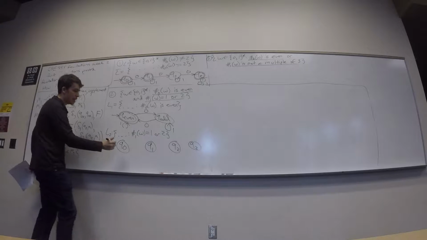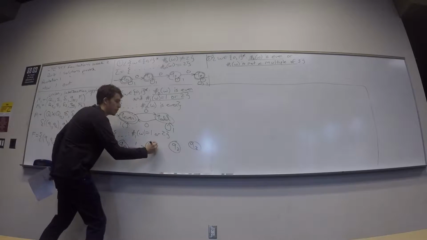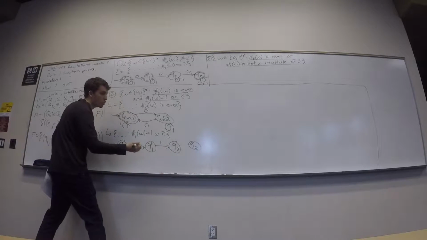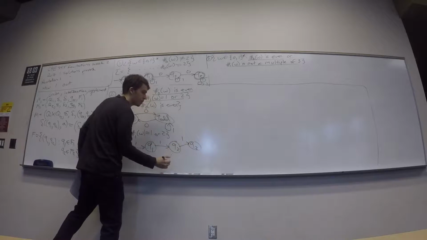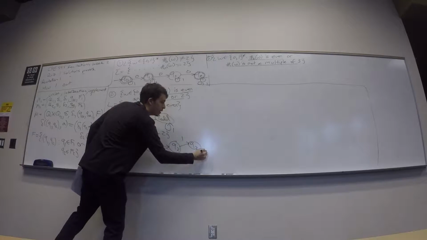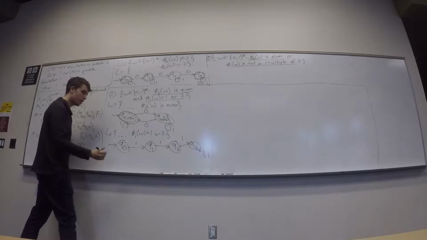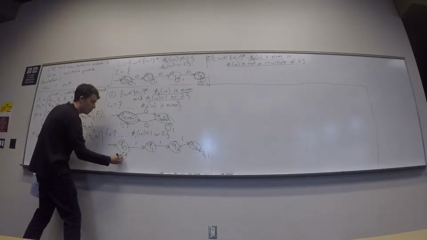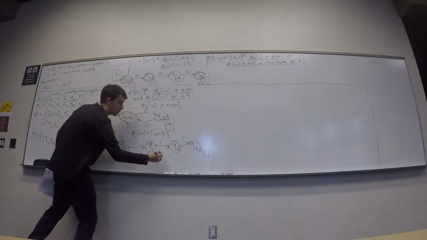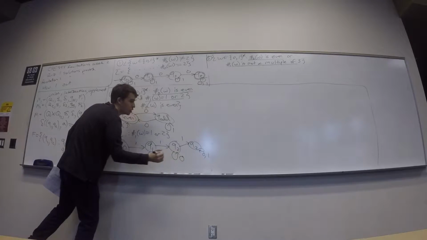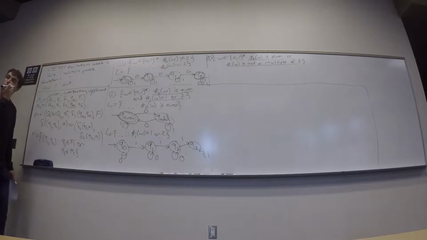And then we're going to have ones go across, because I'm now going to be keeping track of the number of ones that I've seen. Q3 is still going to self-loop on everything. And these guys are all going to self-loop on 0, because they don't change the number of ones that I've seen.